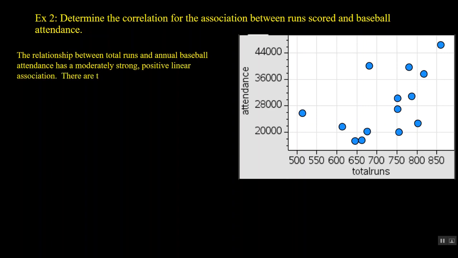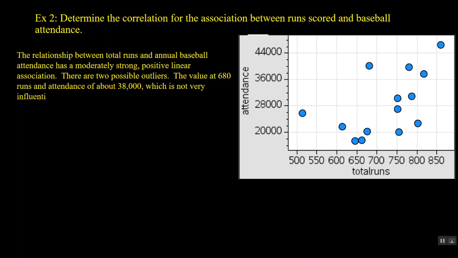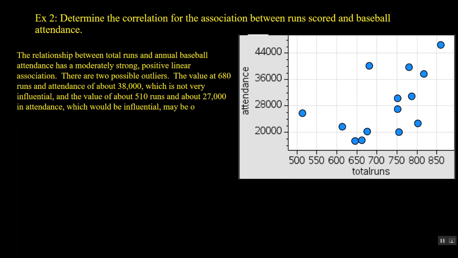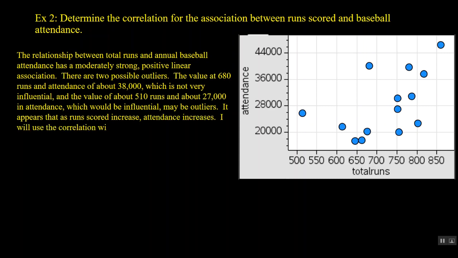There are two possible outliers, the value at 680 runs and attendance of about 38,000, but that is not very influential, and the value of about 510 runs and about 27,000 in attendance, which would be influential, maybe outliers. It appears that as runs scored increase, attendance increases. I will use the correlation with caution because of the possible outliers.